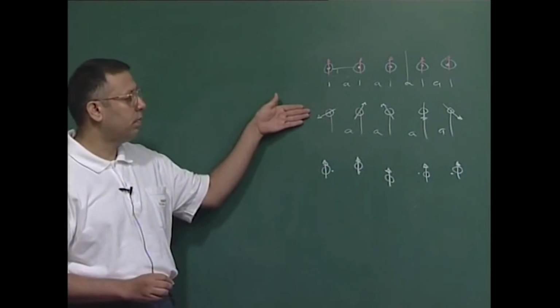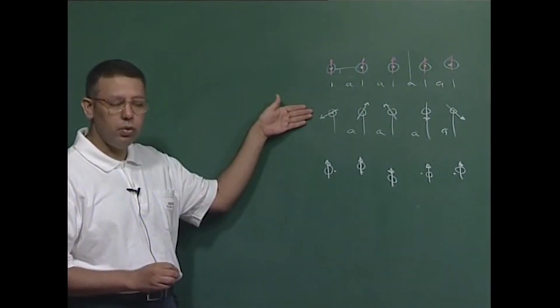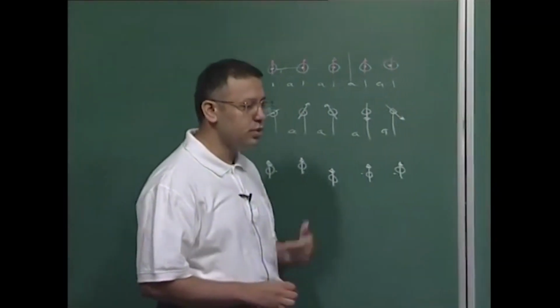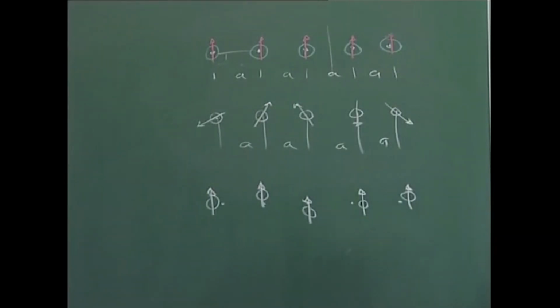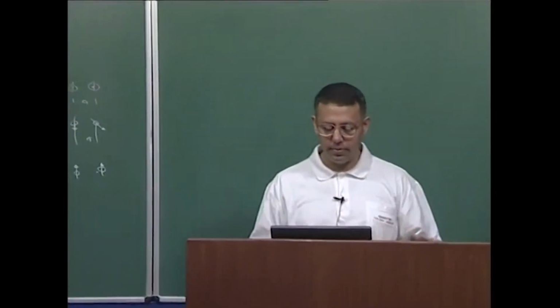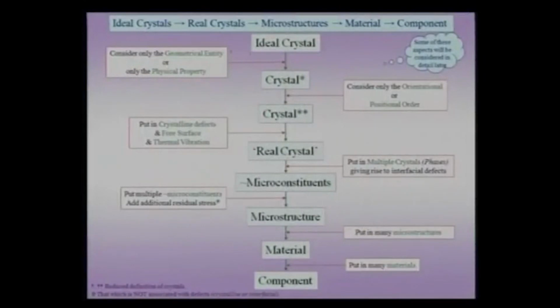Such a system on the top is positionally ordered but not orientationally ordered, and I can use a reduced definition of a crystal in which I consider only one of these kinds of order, and we will see better examples later on. Therefore, I could reduce my definition first by considering only the geometrical entity or the physical property, and further reduce the definition based on orientational or positional order.